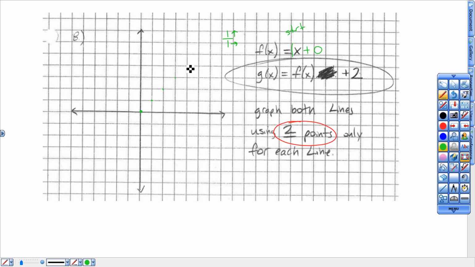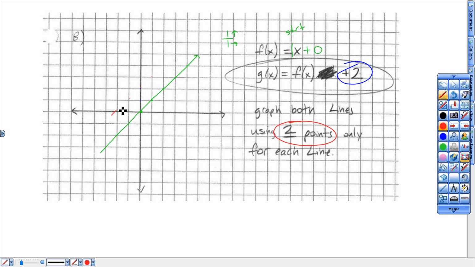That is my starting line. And then you can see all these dots that are marked off. Let me talk about that in a second. And then it says shift up 2.